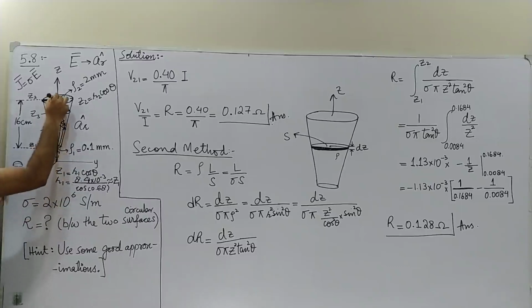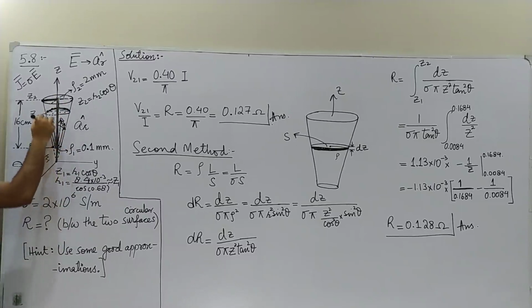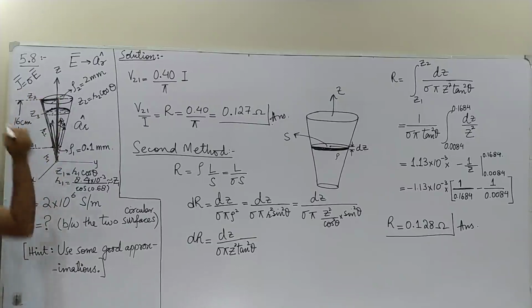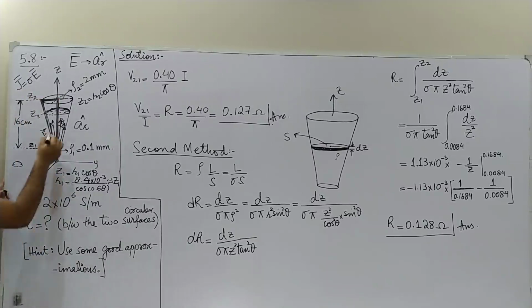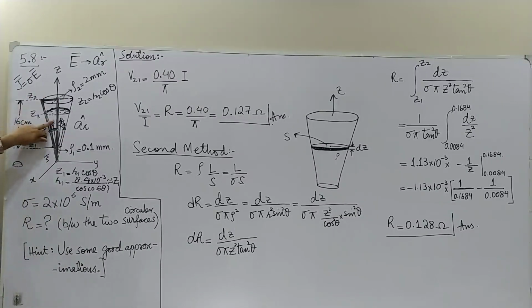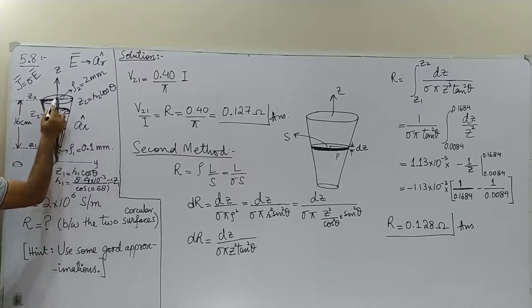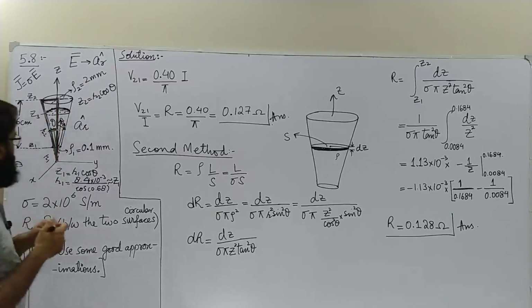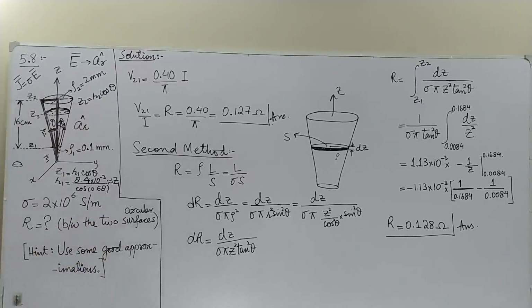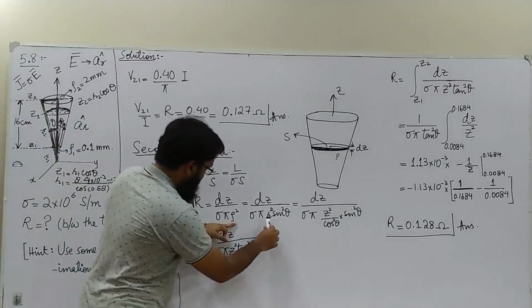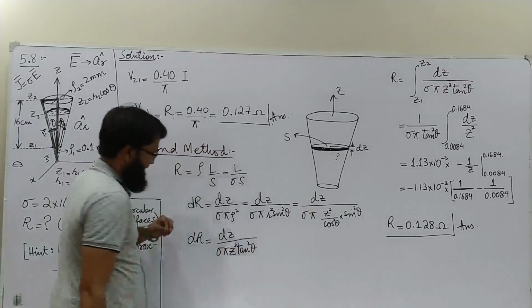I am highlighting this z-axis, this length r, and this right angle triangle, and this angle is theta. So this rho, which is the radius of the circle, is nothing but r sine theta. So instead of rho, I can write r sine theta, or r square sine square theta.